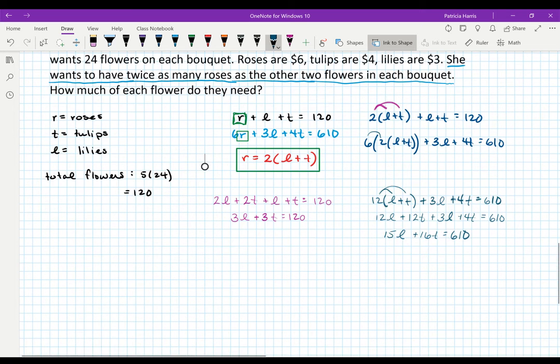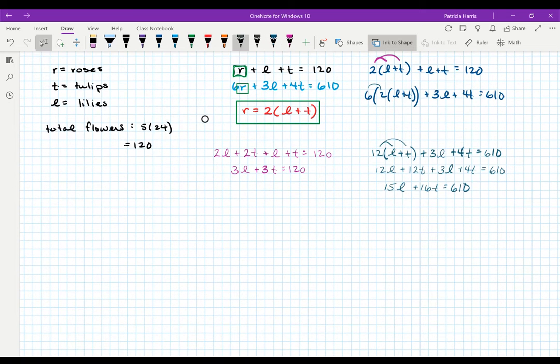All right, so now I have a lovely little system. And to make my system even easier, I'm going to divide by 3. So I have the number of lilies plus the number of tulips is equal to 40. So now, this is my system.